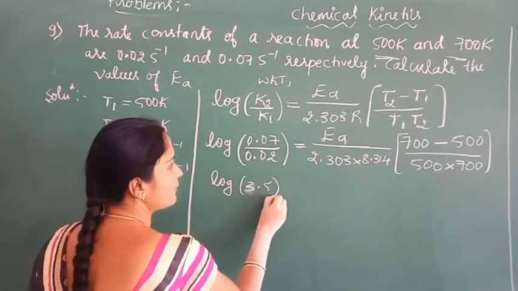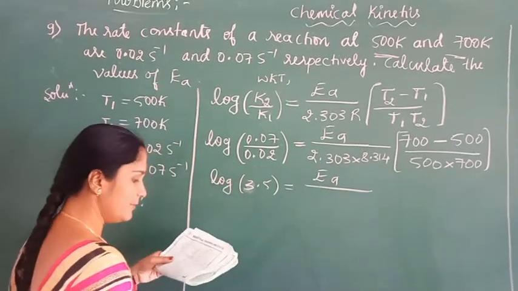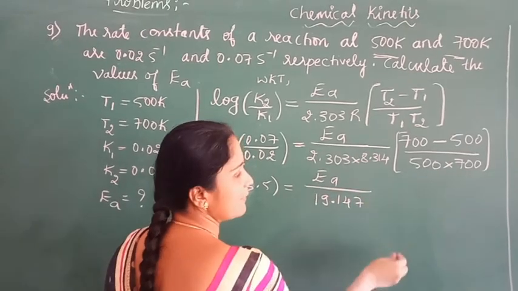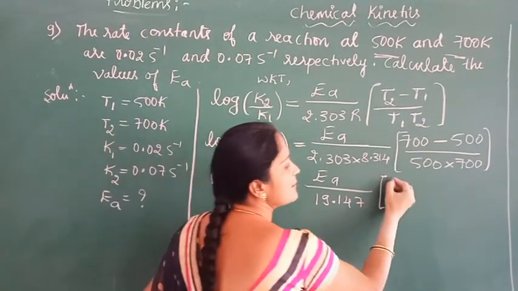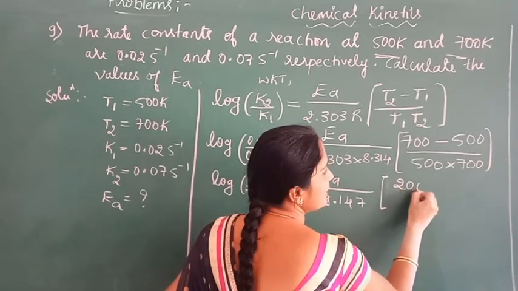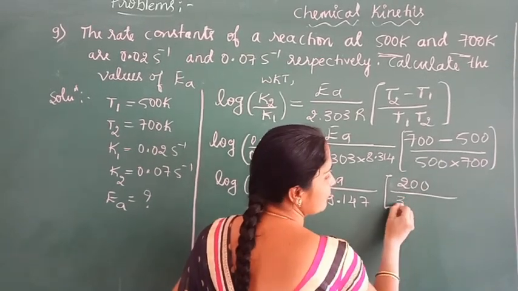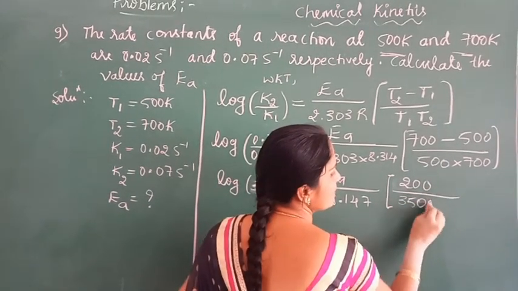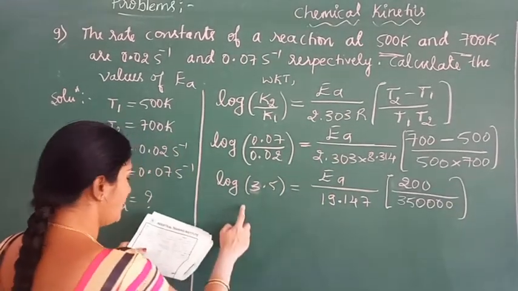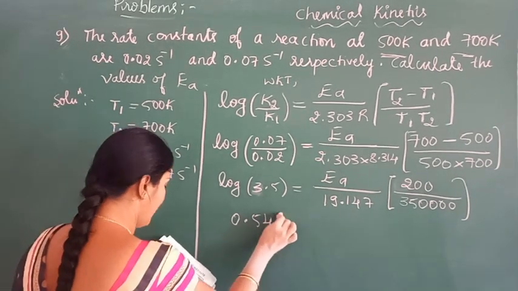So log of 3.5 equals Ea over 2.303 into 8.314, which is 19.147, times 700 minus 500, which is 200, divided by 5 sevens are 35 and 4 zeros. So log 3.5 value is 0.544.